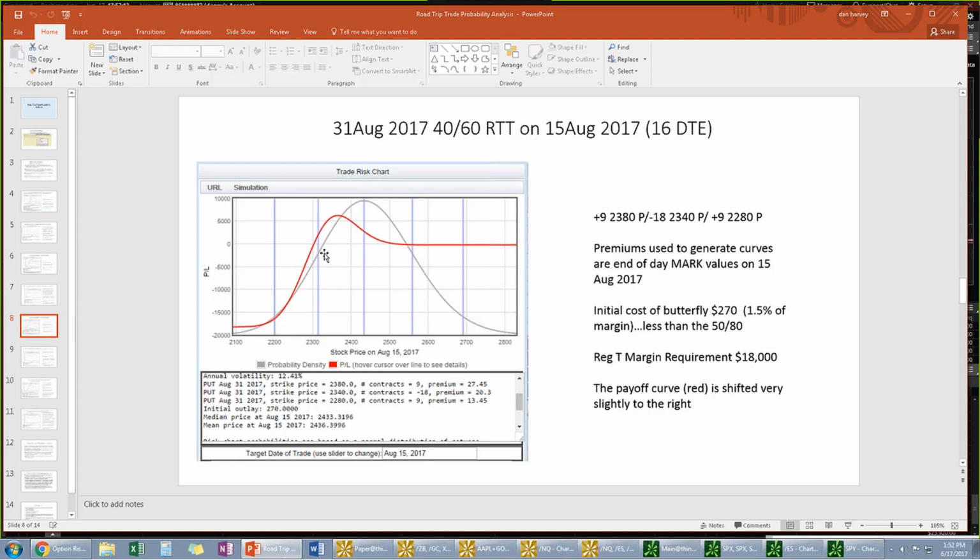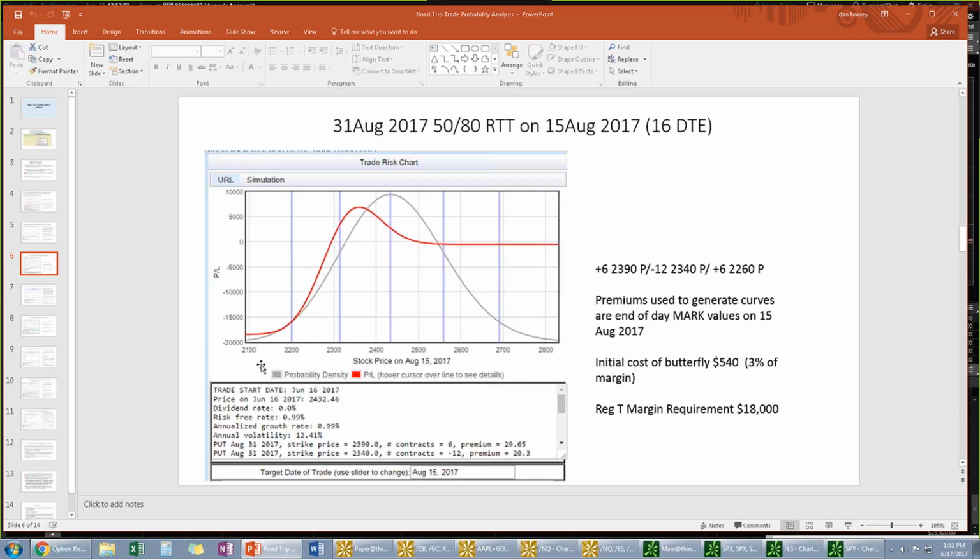but the payoff curve is very, very slightly shifted to the right. And I would ask you to focus for now on that area right down there around the 2200. And I'm going to go back now. Notice that this is sitting right at it.